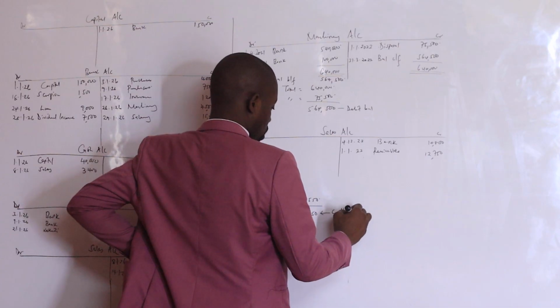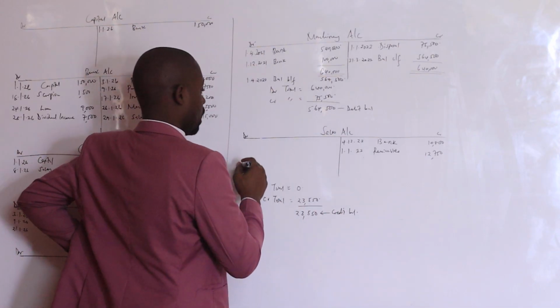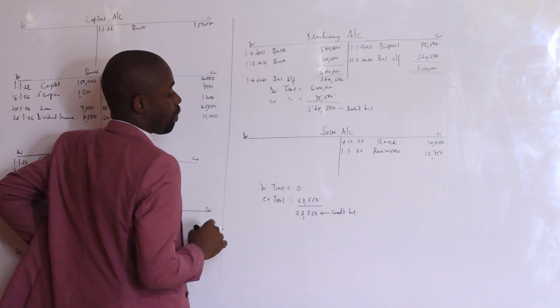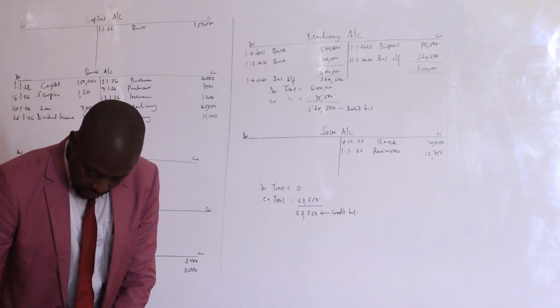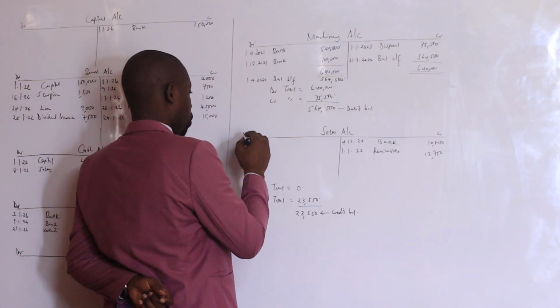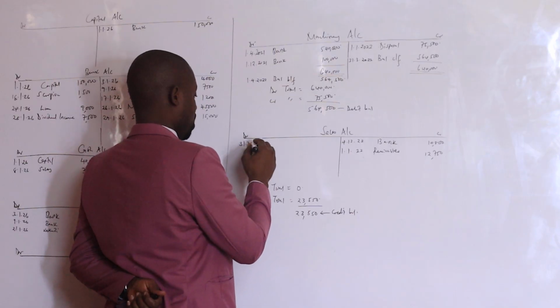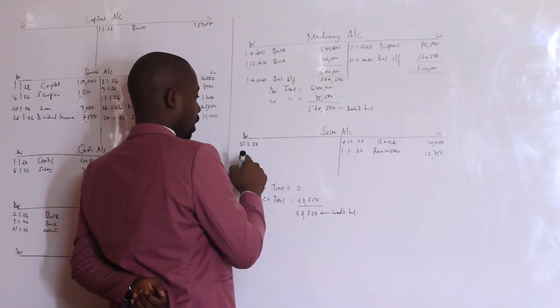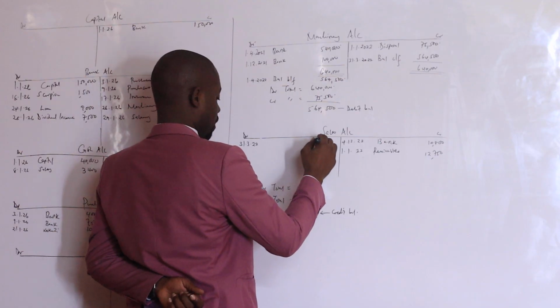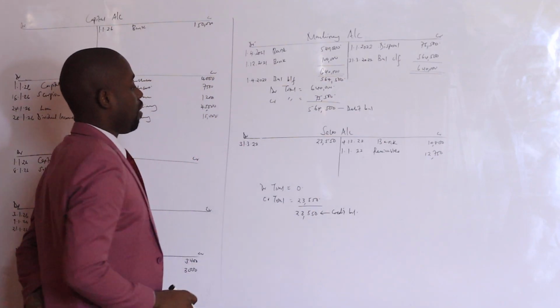Where do we record it? On the debit side. So right here, the last day of this financial year, 31st March 2022. So we recorded the amount on the left side on the last day of the financial year. The amount is 23,550.